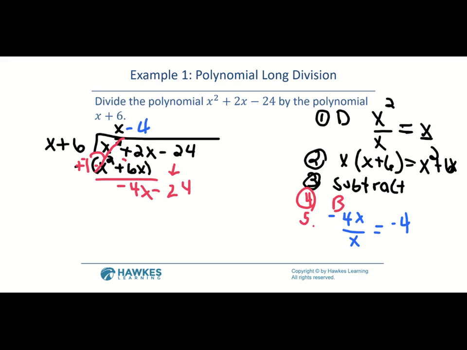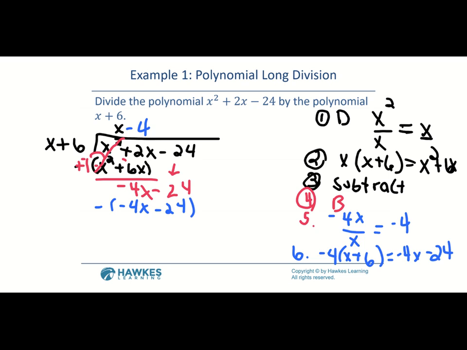Okay, now when we multiply, we're going to do negative 4 times x plus 6, so it'll be negative 4x minus 24. And then we subtract, so I'm going to do minus negative 4x minus 24.